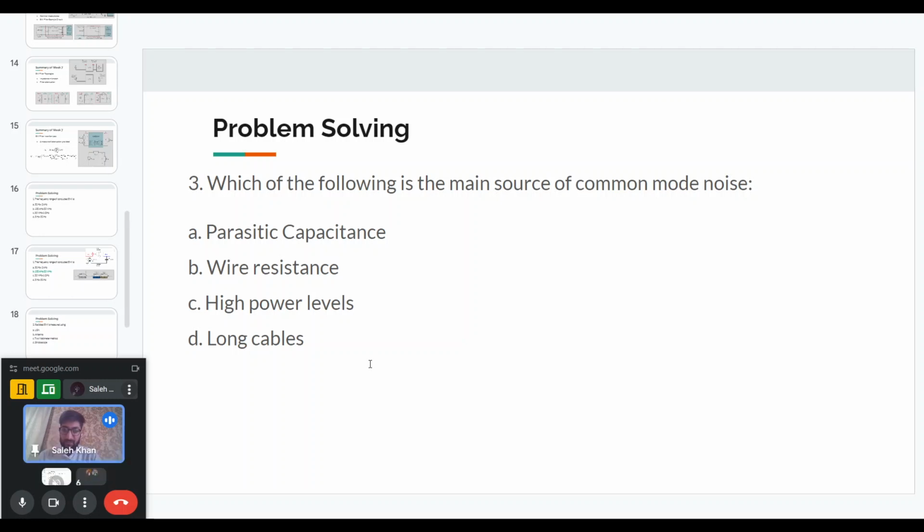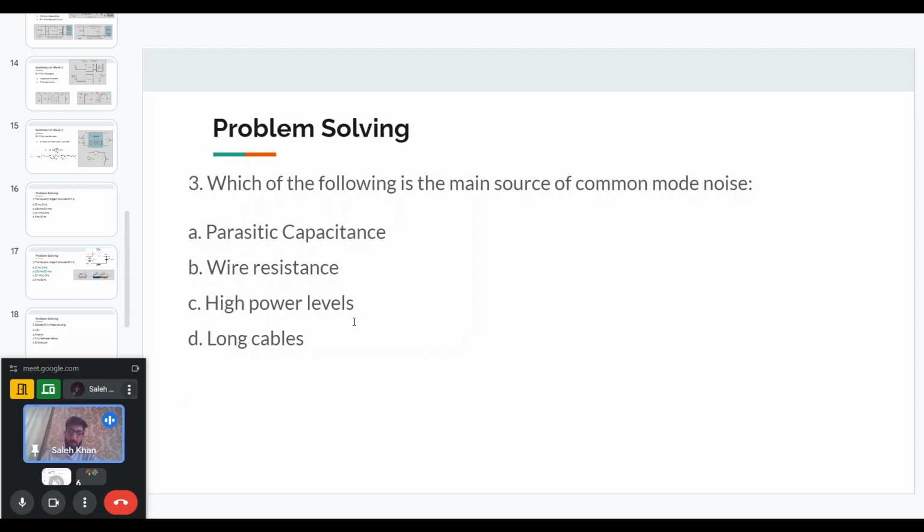Yes, so if we see all of these, they will actually have some effect on the noise. If the cable is longer, then it may lead to more parasitic capacitance, more inductance, as well as more resistance. So that may have some effect on the EMI.